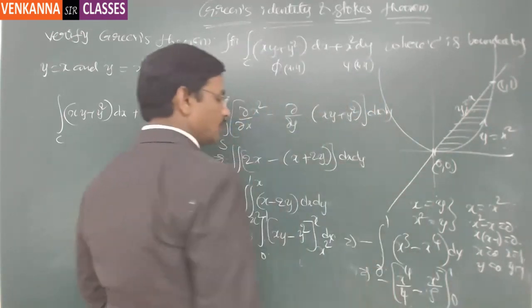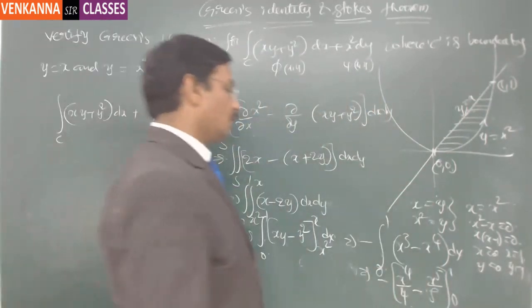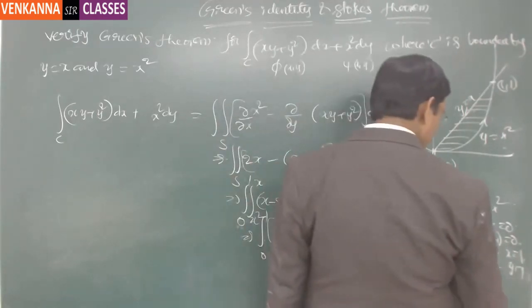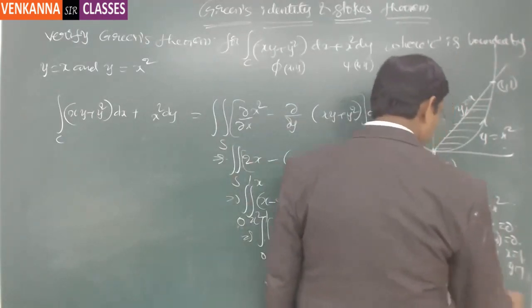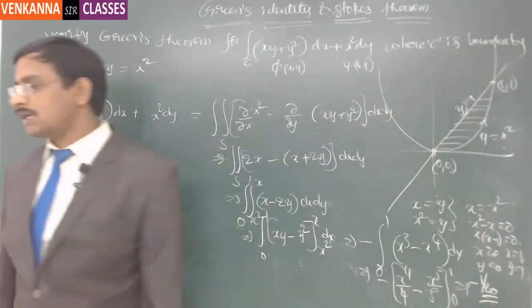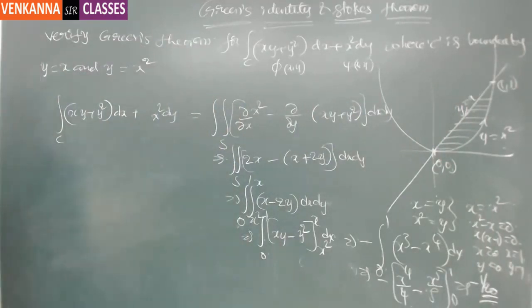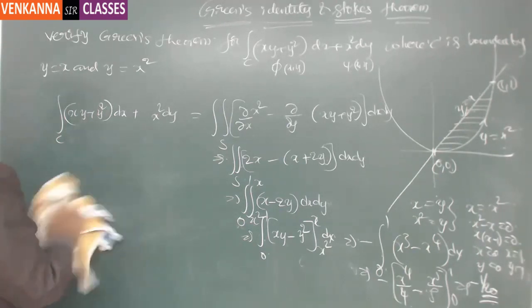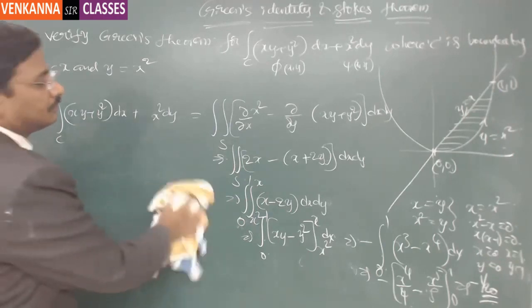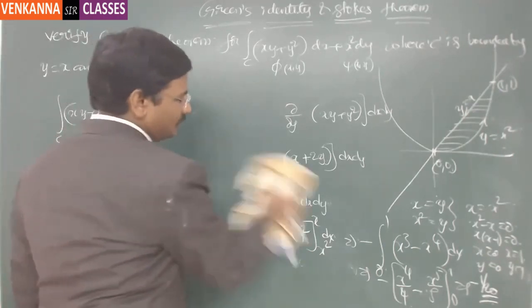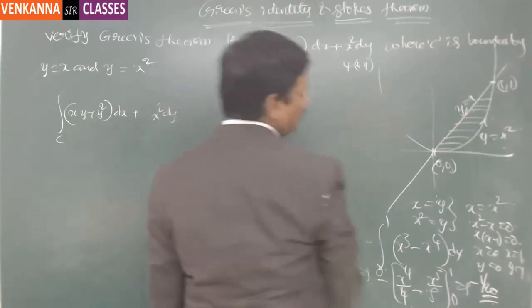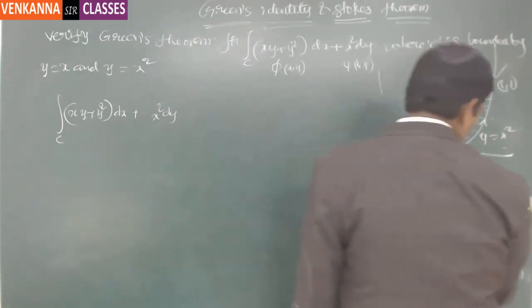So 1 by 4 minus 1 by 5 is 1 by 20, and with the minus sign, this is minus 1 by 20. That is the surface integral value. Got it? Now, can you find the line integral value also and verify that you get the same value, minus 1 by 20?